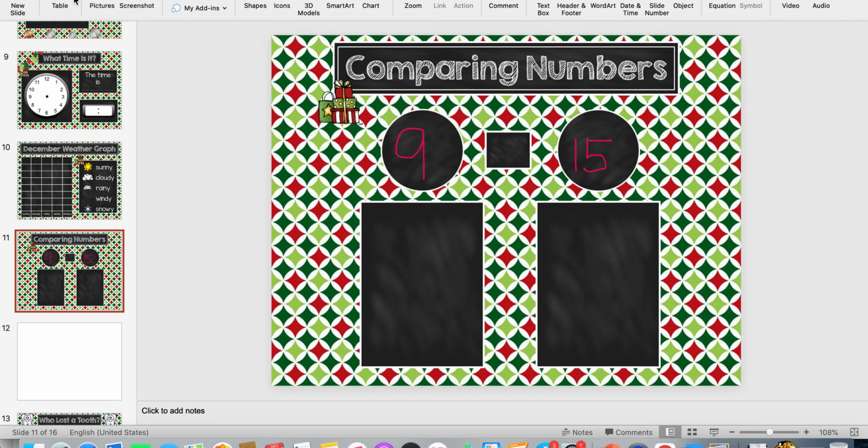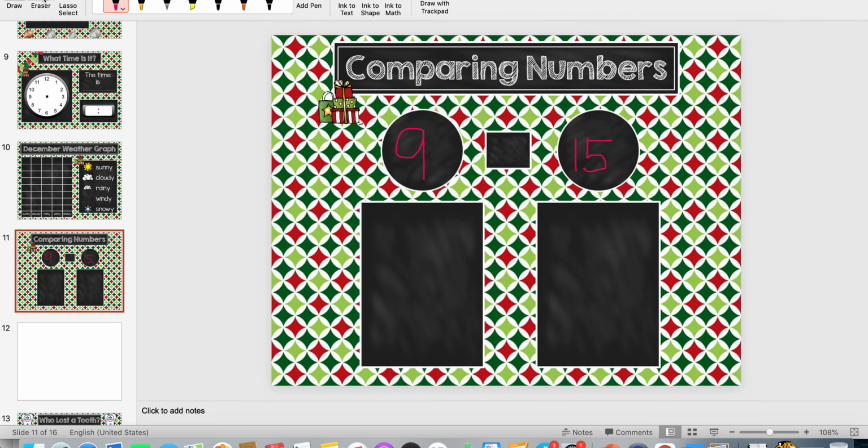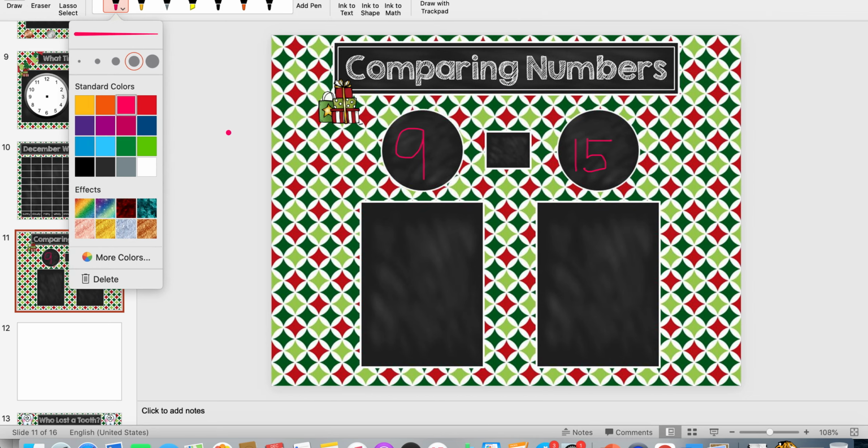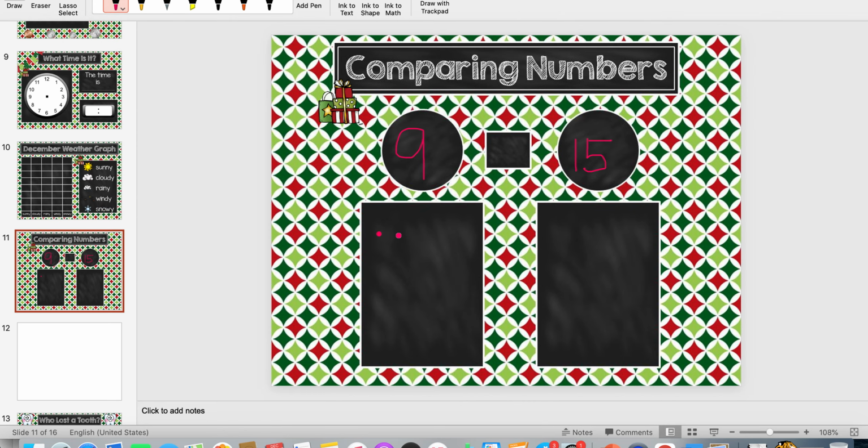Whenever I am drawing in our base 10 blocks, I am going to make big dots for our units or our ones. So I've got 9 ones, so that's the first thing I'm going to do. 1, 2, 3, 4, 5, 6, 7, 8, 9.